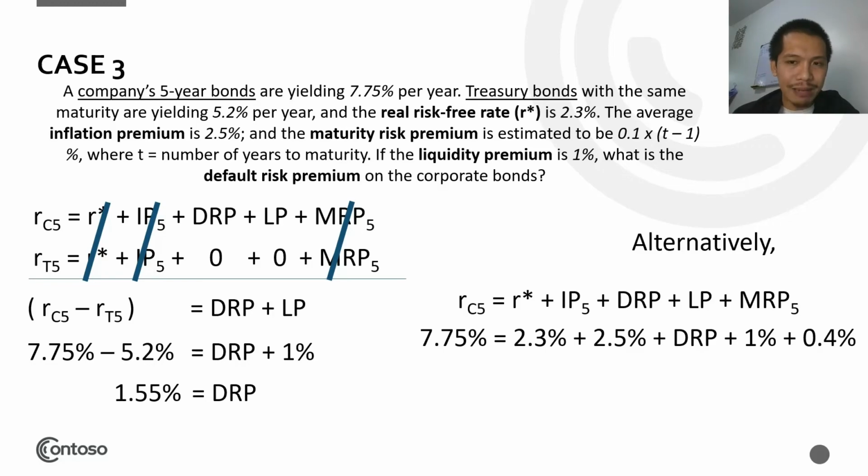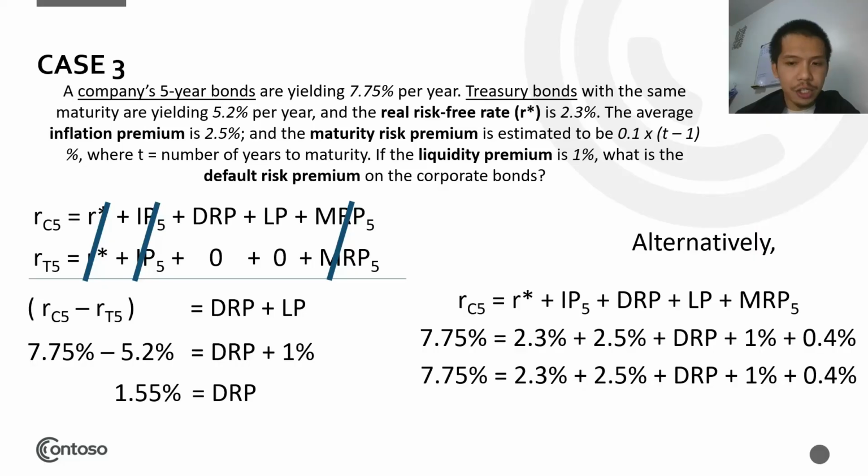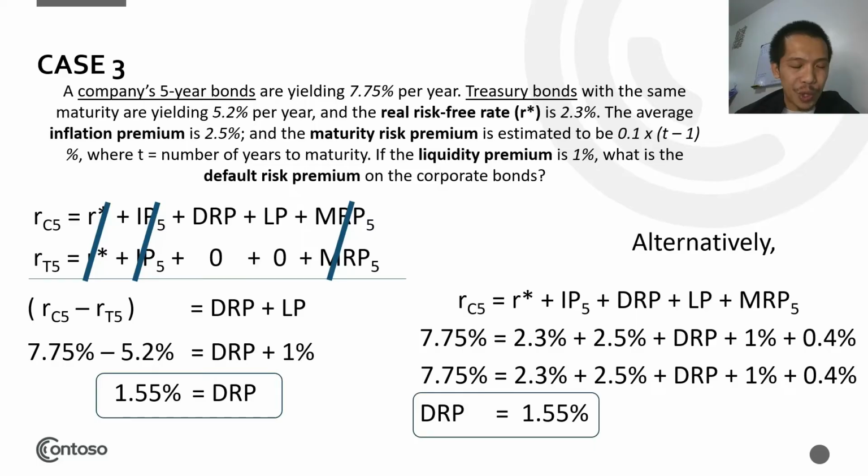That's 0.1 times T minus 1%. Since the time it takes to mature is 5 years, that would be times 4. 0.1 times 4 is equal to 0.4%. Given such, we may manipulate the equation and arrive at a DRP of 1.55% as well. In either case, we would arrive at the same default risk premium, 1.55%.